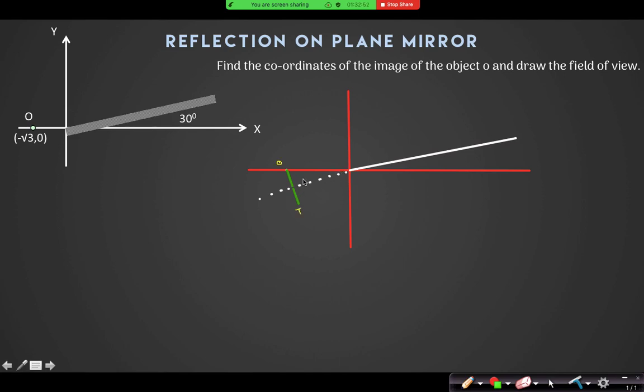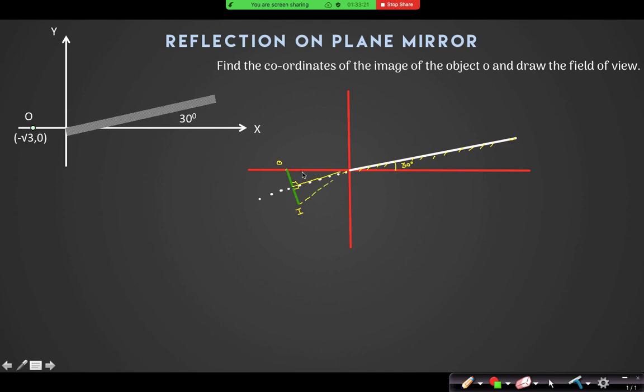Sir, both are coming as -3/2. Let me check, wait. Yes, both are -3/2. It is 30 degree. Mirror is here, right? There is no mirror here. But again, my formula is true everywhere. Whether there is a mirror or not, I will drop a perpendicular to the extended line of the mirror. Now you can see this angle is 90 degree, this angle is 90 degree. Two triangles you have got.